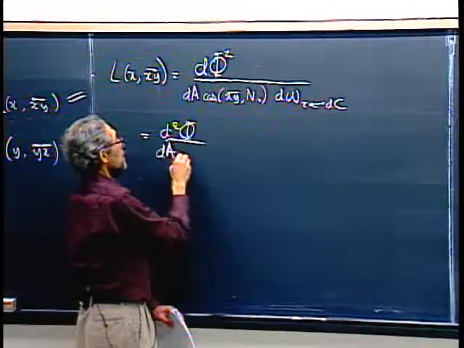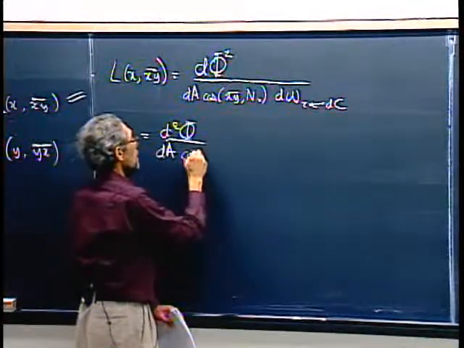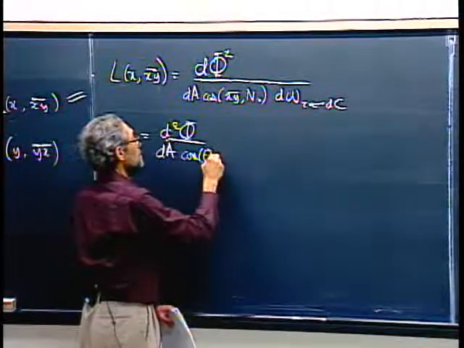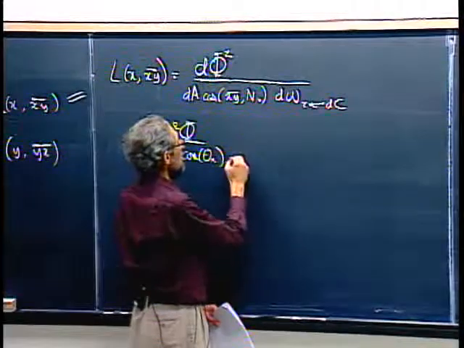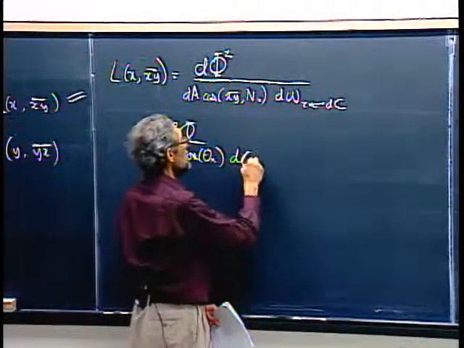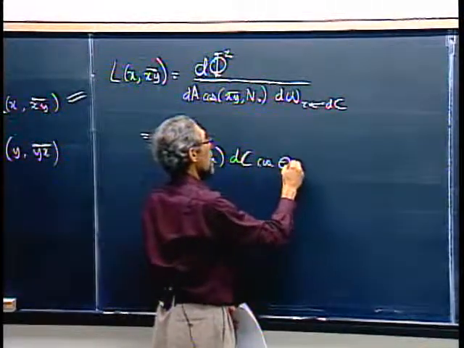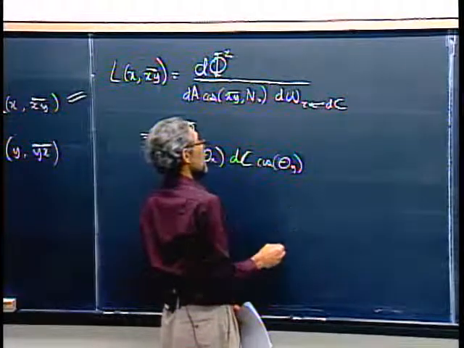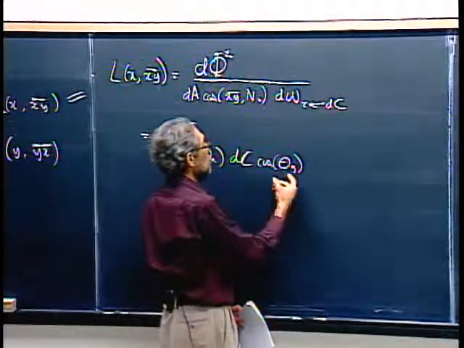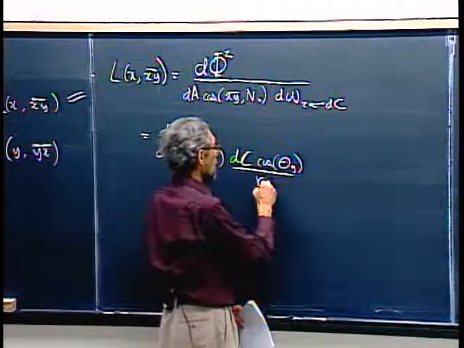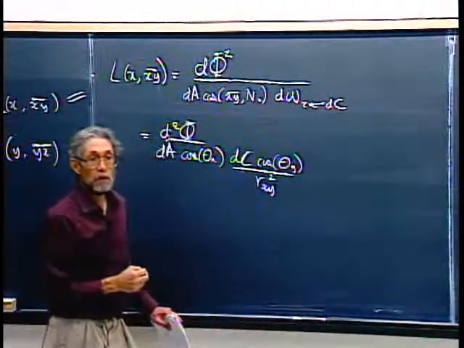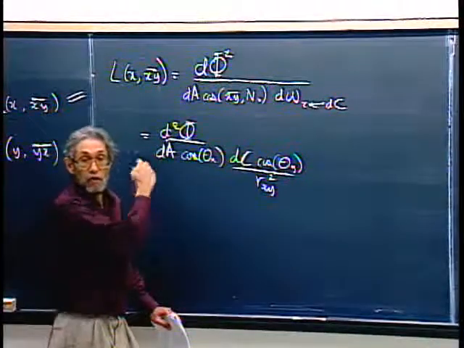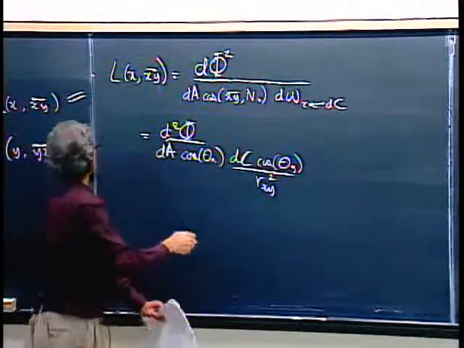So here I have my dA, and I'll just say cosine theta x for short. And then this d omega is actually dC cosine theta y, divided by r_xy squared, because that's the formula we use for computing solid angles of a surface that's tilted to the beam.